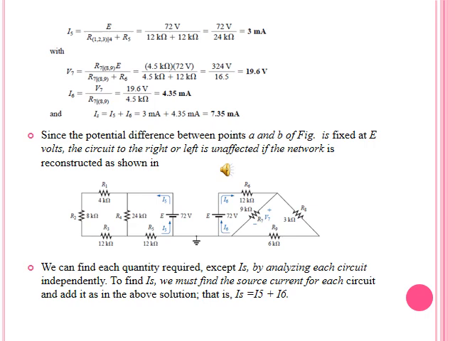So from this method we can find I6, and after that the total current can be found from I5 and I6, which we have already found in our previous two steps. We can also redraw the same circuit for our convenience as shown in the second circuit.